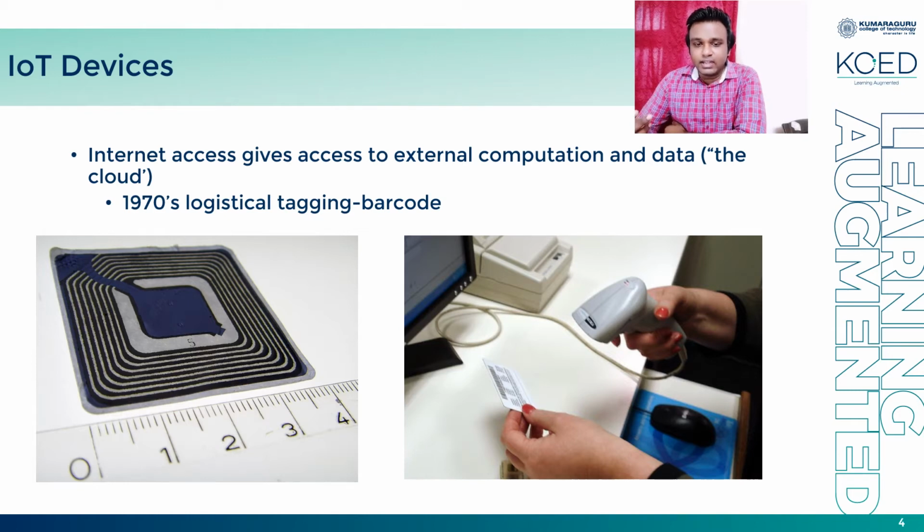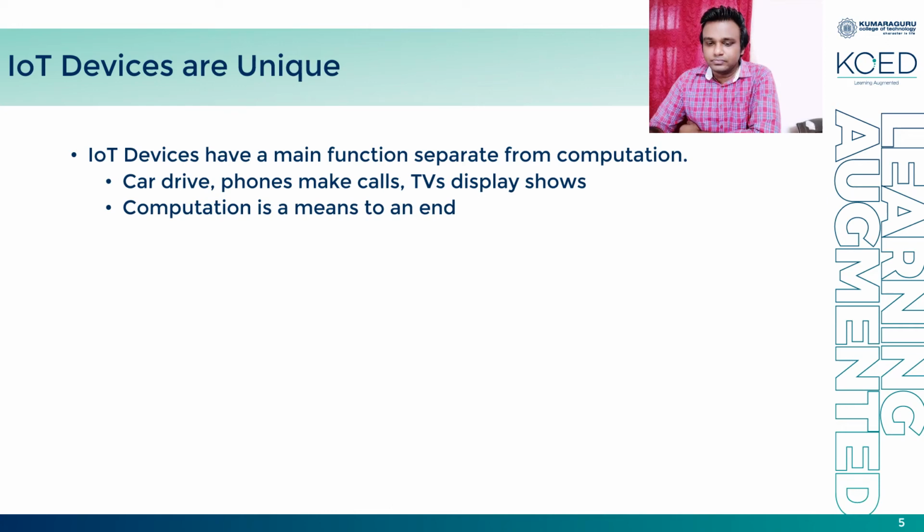So the internet gives access to external applications and data, the cloud. In the 1970s, logistical tagging used barcodes. Nowadays RFID based and SIM based configurations are being used.